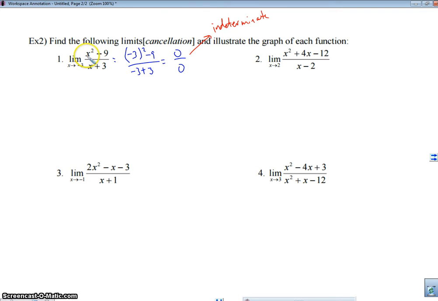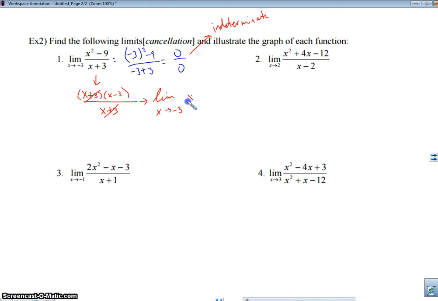We're going to take a look at this and say, can I simplify this? Well, I sure can. I can factor the top using a difference of 2 squares. Then my x plus 3 cancels out, or gets reduced.